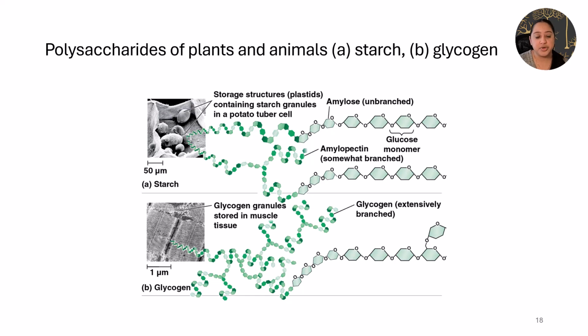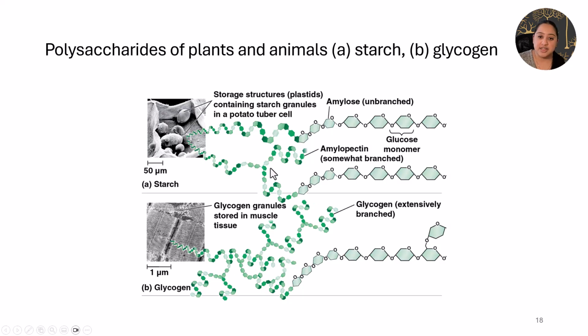And just to point out, starch is kind of like a category also. So amylose is the most simple starch, and so it's unbranched, it's pretty linear. And then this other one is actually a second kind of starch. So this is called amylopectin.